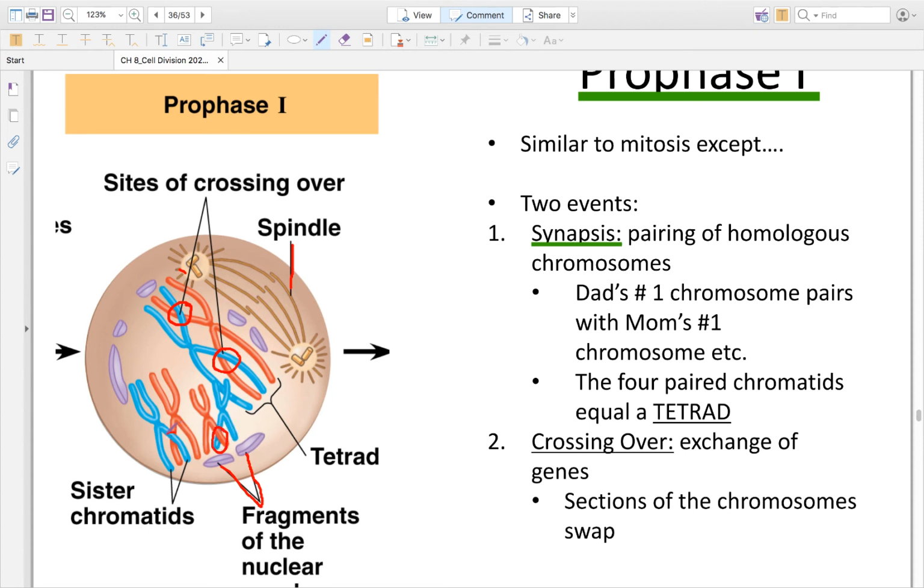This is synapsis. So what happens here is all of the homologous chromosomes, the homologous chromosome number 1, the paternal, the dad one, will pair with the maternal one. And so will the second one, and third and fourth, all of them. All of the homologous chromosomes that we have are going to synapse, and they're going to physically become close to one another, and they're going to make something called a tetrad.